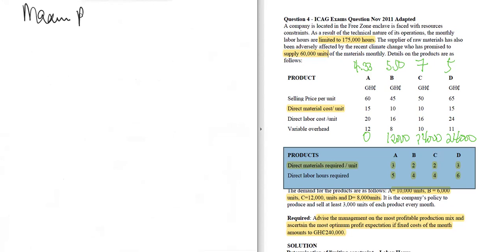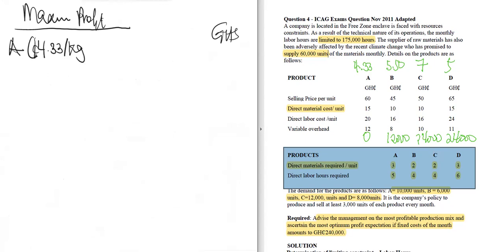Maximum profit, right? So you see the first one was per unit, so we multiplied by unit. This one is per kg, so we multiply by kg. So A, we know the contribution per kg was 4.33 per kg, but we couldn't produce any kgs, so it's 0. Now, when we come to B, we made 5.50 per kg, and we were expected to produce 12,000 kgs.